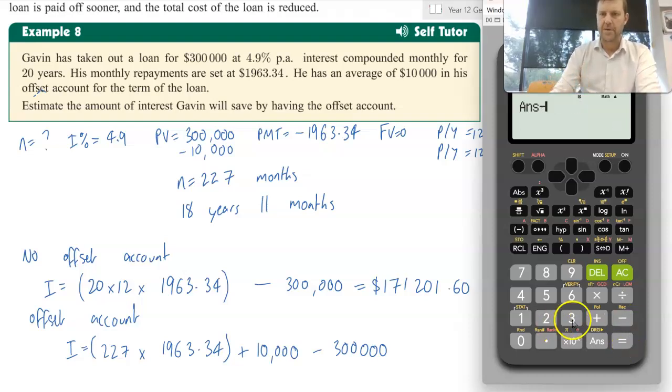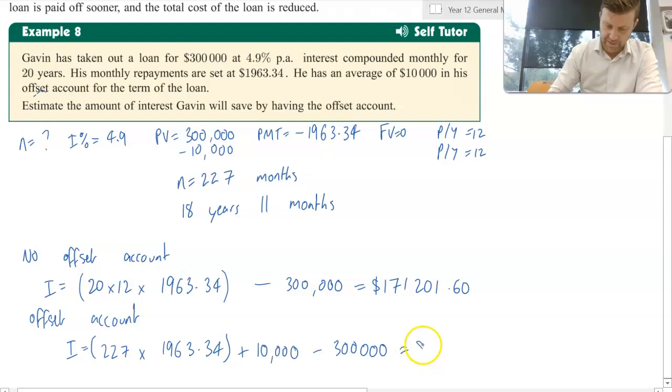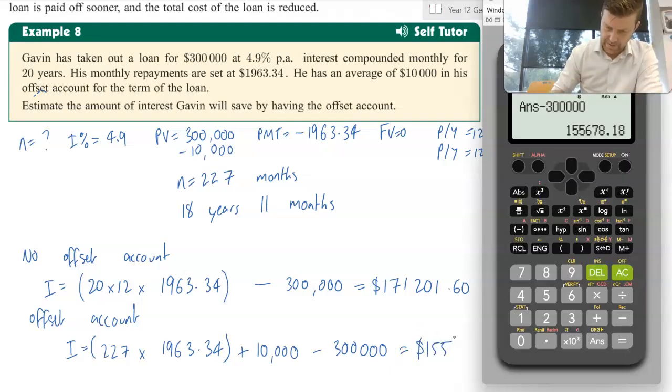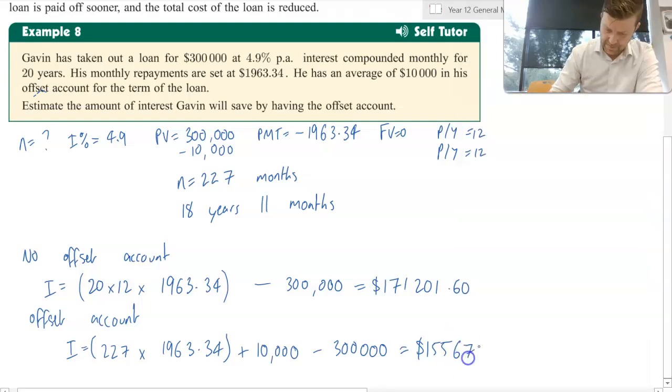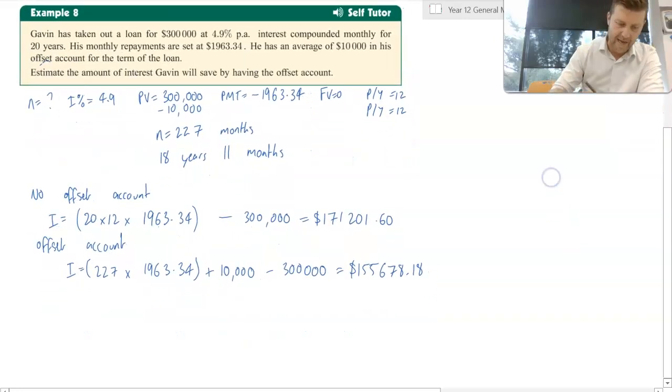We're going to subtract the amount he borrowed, and that gives us $155,678.18 in interest he pays with the offset account, which is less than if he didn't have the offset account.